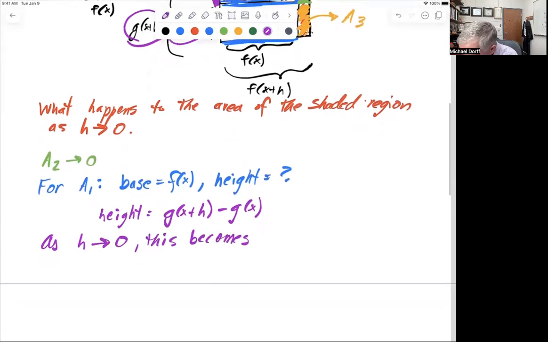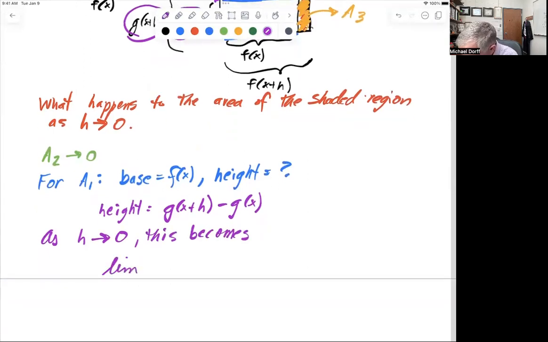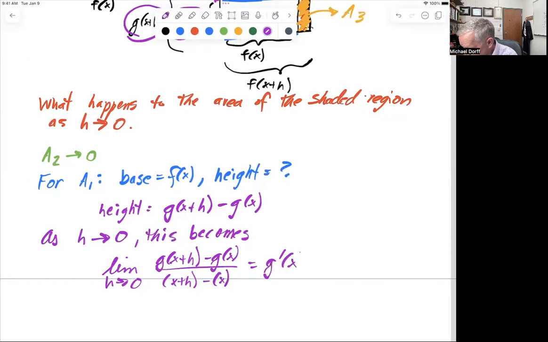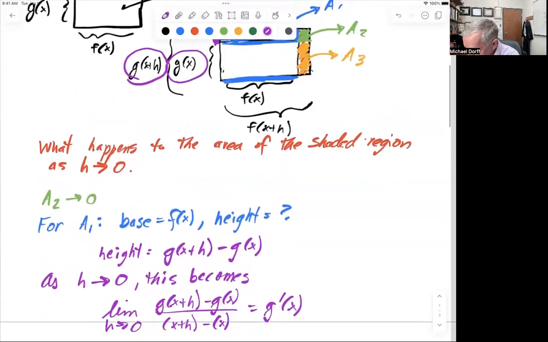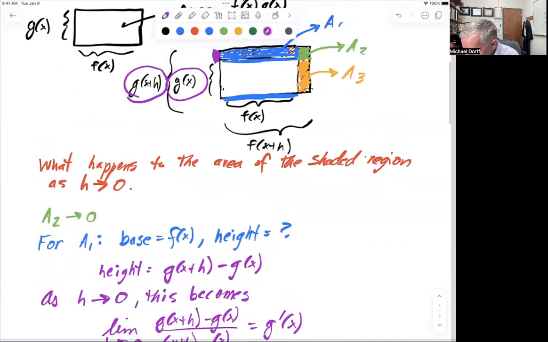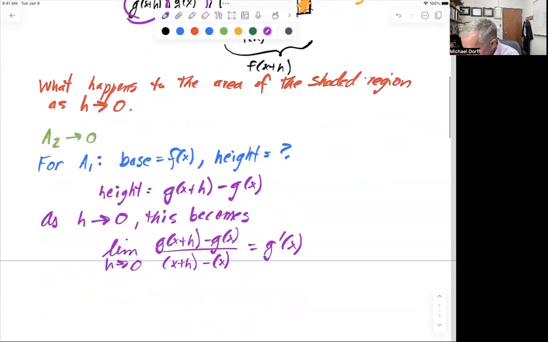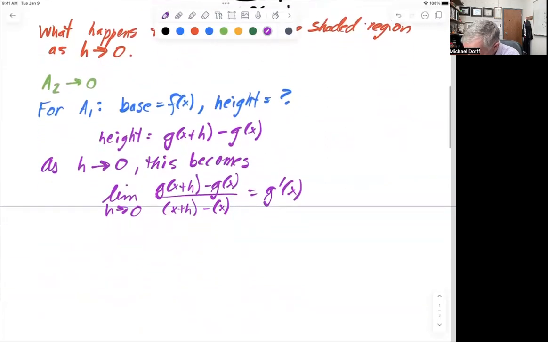This area then becomes the limit as h goes to 0 of g of x plus h minus g of x, over x plus h minus x, which is just the derivative there. So as h goes to 0, that purple height of the blue rectangle becomes the derivative.